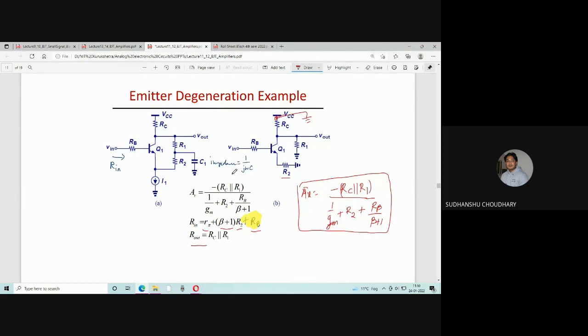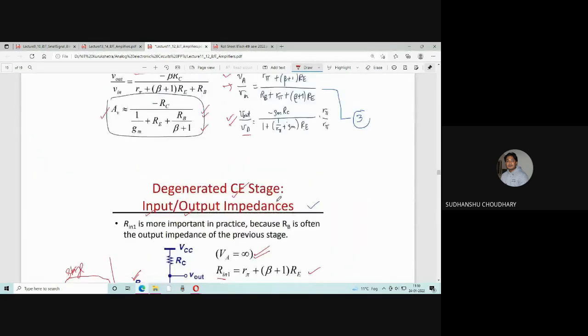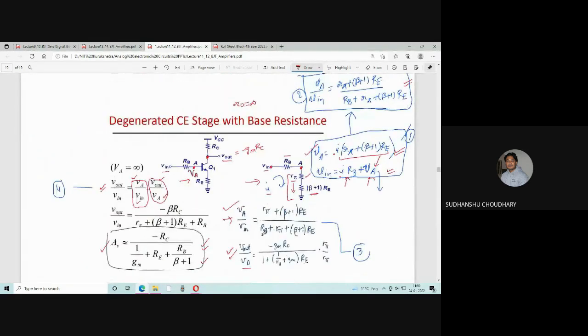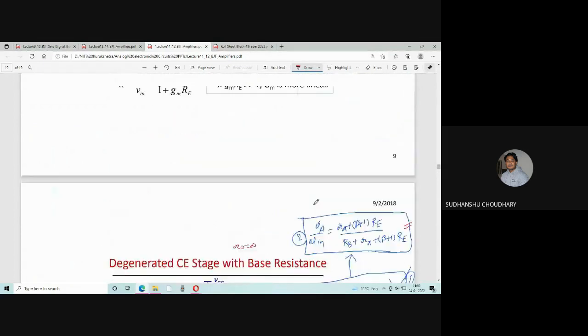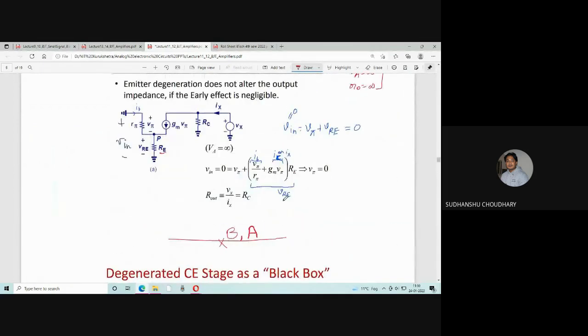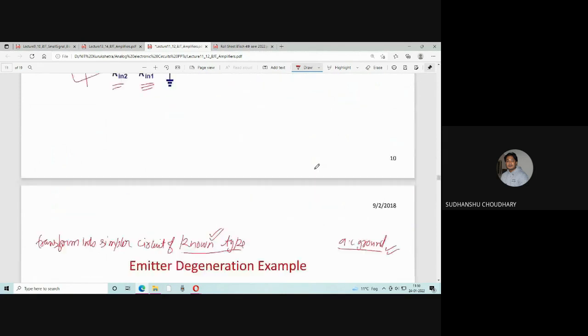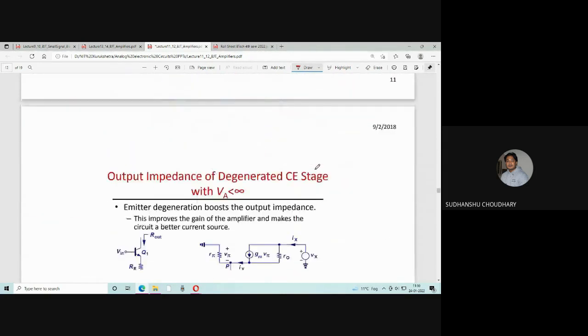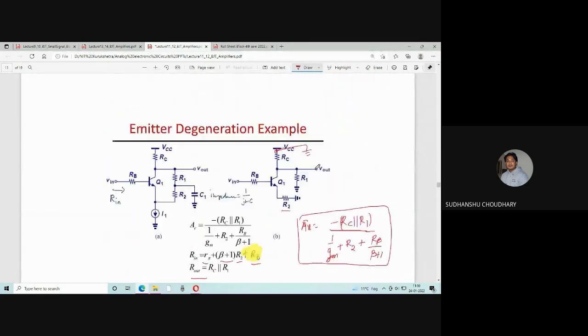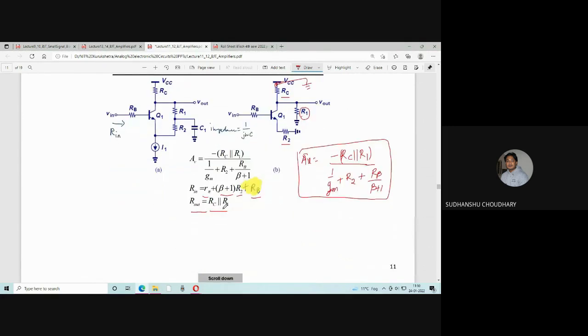For the common emitter stage with base resistance, we had calculated the output impedance as RC. So the output impedance here would be RC parallel to this resistor R1. So we'll write R out as RC parallel to R1.